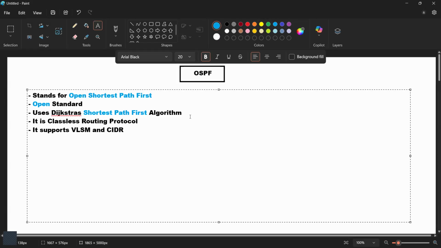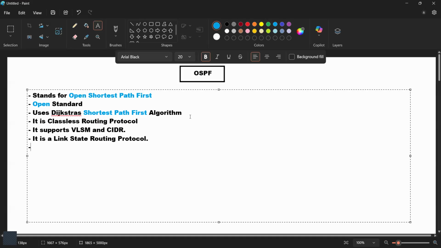Clear? Then after, it is a link state routing protocol. That means it prefers bandwidth over distance. Okay.